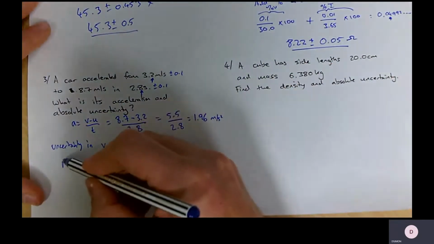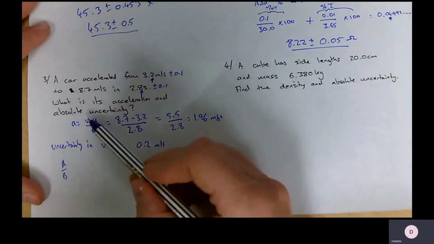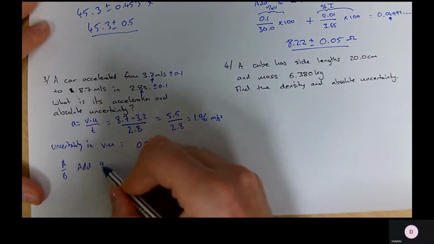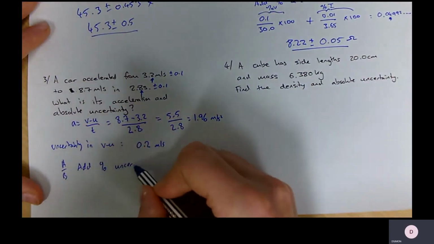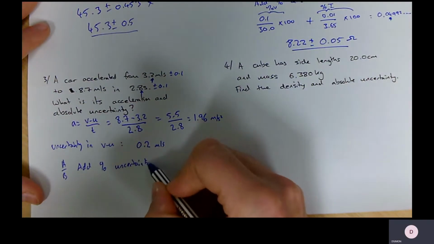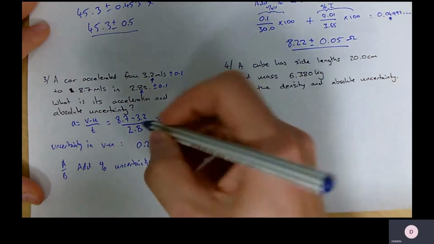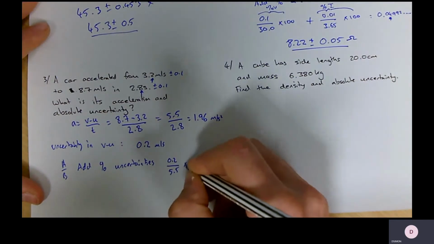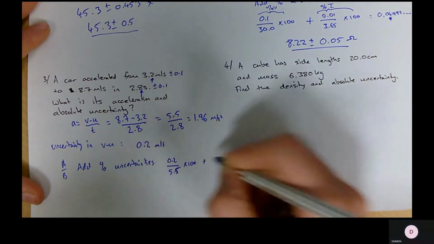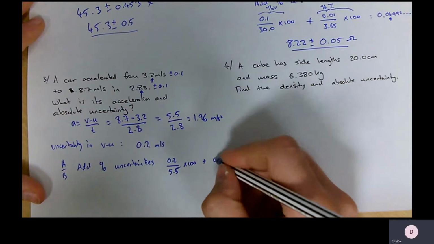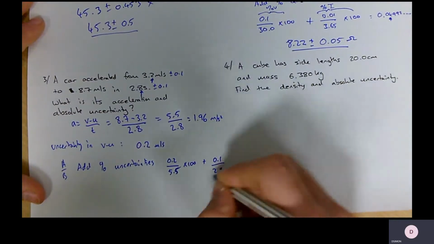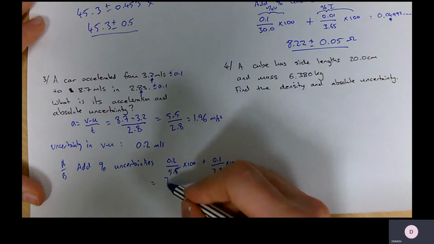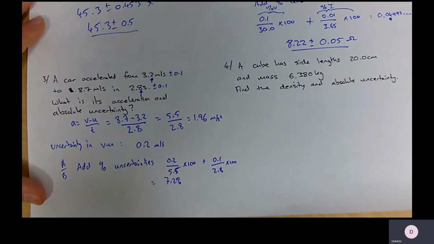Now we have something in the form A divided by B, because we have 5.5 divided by 2.8, so we're going to add the percentage uncertainties. So we have the percentage uncertainty in this, which is 0.2 over 5.5 times by 100, plus my percentage uncertainty in this, which is 0.1 over 2.8 times by 100, which gives us a percentage of 7.2%.